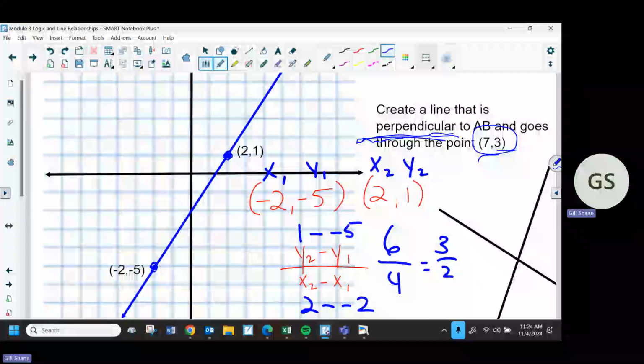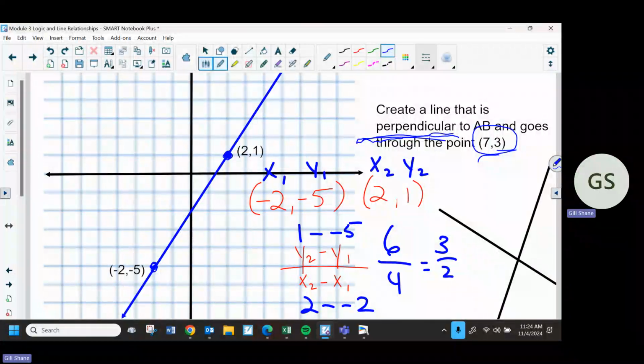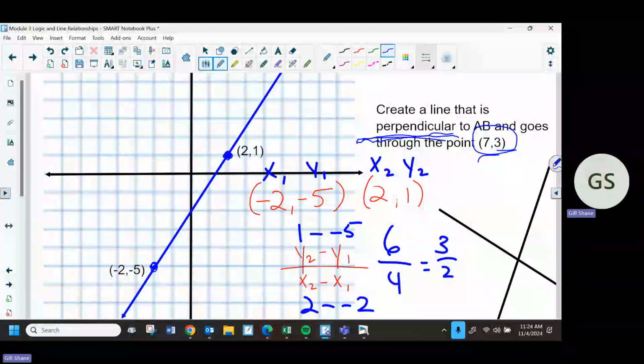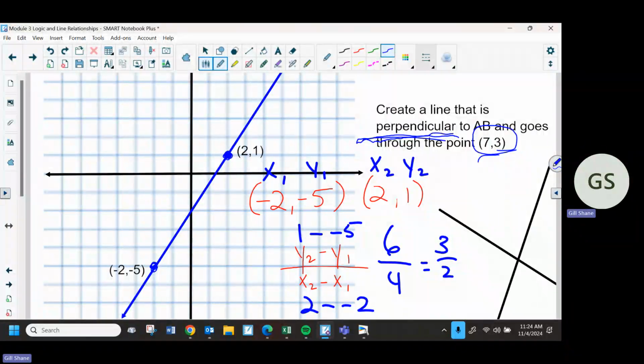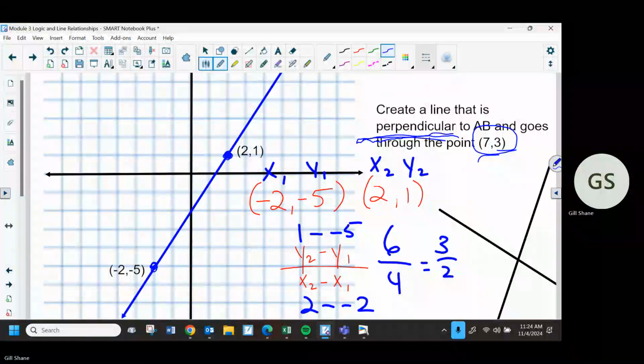Like if you had these two slopes, you need to know that's the same as that. So make sure you simplify. The calculator does it for you. If you put a fraction in the calculator, 6 over 4, and just hit equals, it gives you 3/2. It'll do it for you.